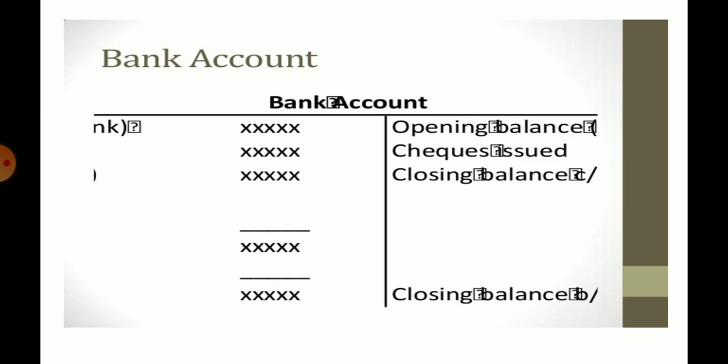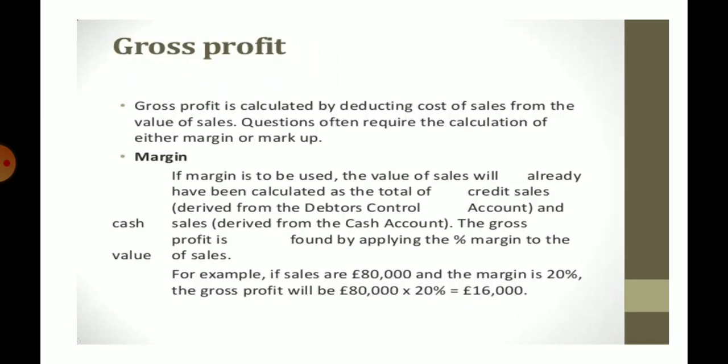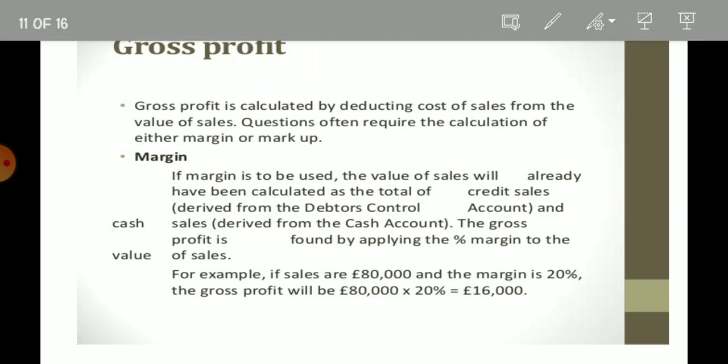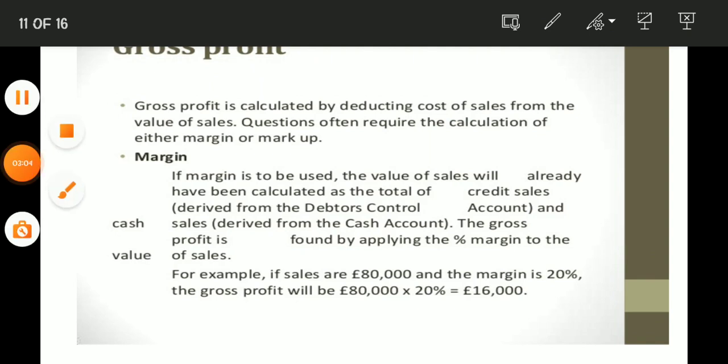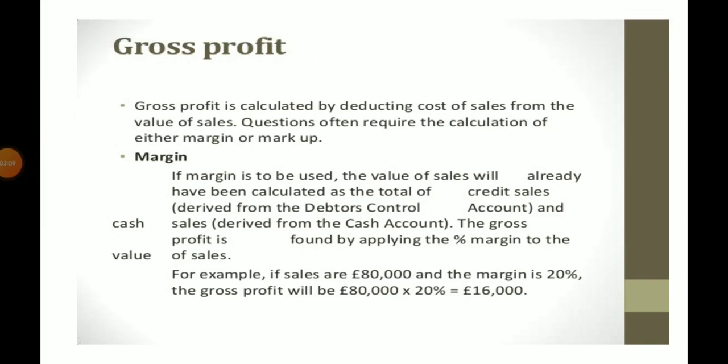So it is quite easy to prepare all the accounts, but first of all we discuss the main topic, that is gross profit. Gross profit is calculated by deducting the cost of sales from the value of sales, and the question requires the calculation using either margin or markup.